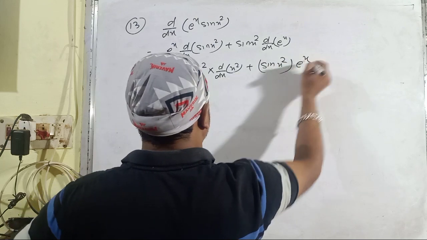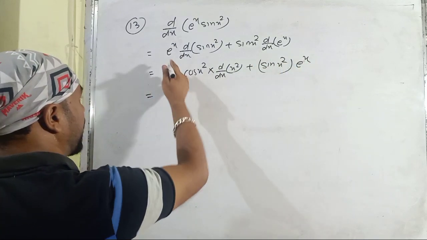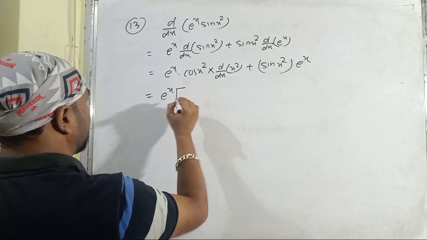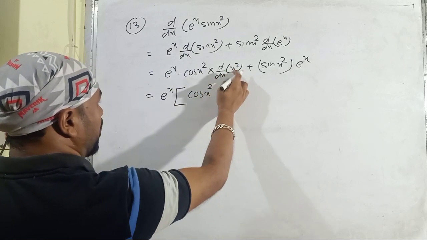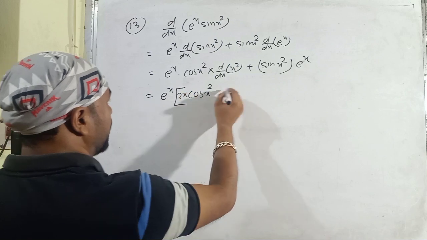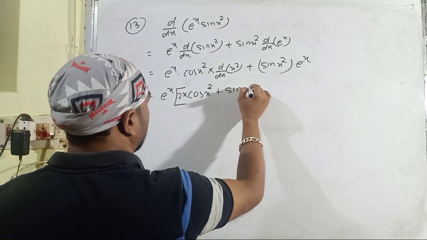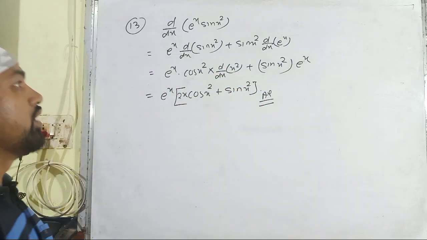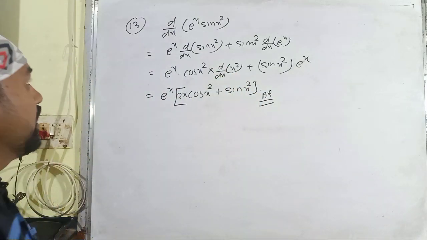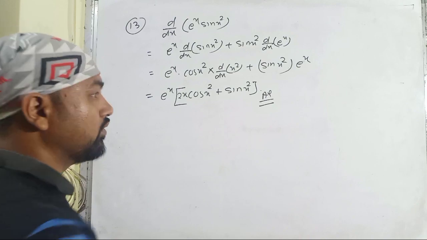Okay, this is e to the power x. Taking e to the power x as common here, e to the power x multiplied with cos x square, differentiation of x square, which is 2x, plus sin x square, and here it is the answer for the problem number 13. Then moving towards the problem number 14.